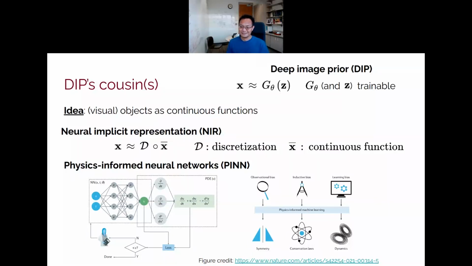In a physics-informed neural network, because we are trying to solve PDEs using deep learning, we parameterize the solution using neural networks, because by the universal approximation theorem, a sufficiently parameterized neural network can in principle represent arbitrary functions sufficiently well, right? So these are the same thing, but different domains call them differently.